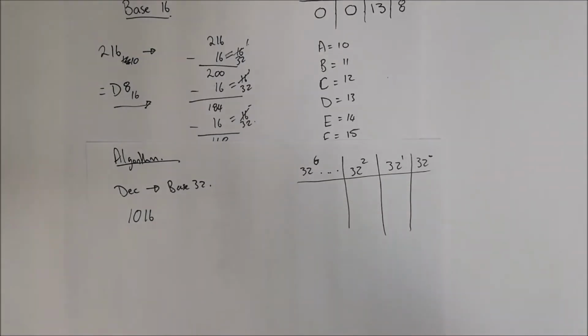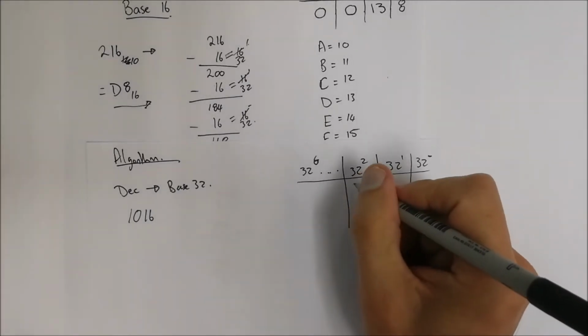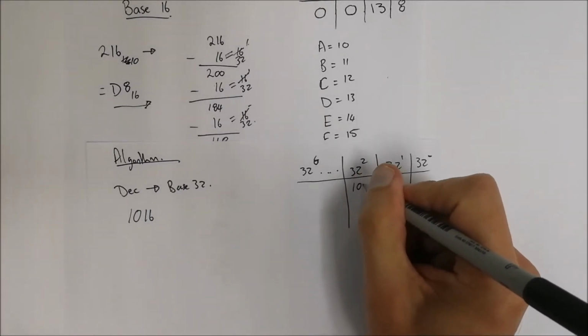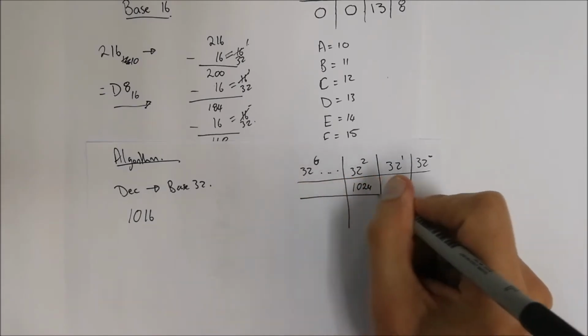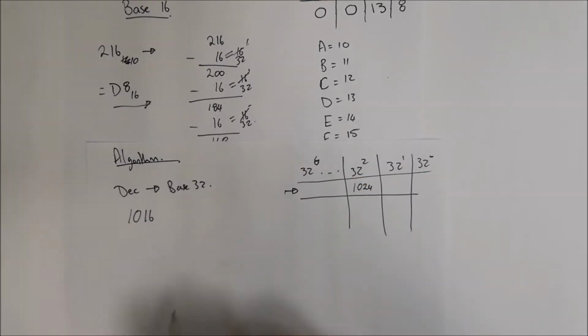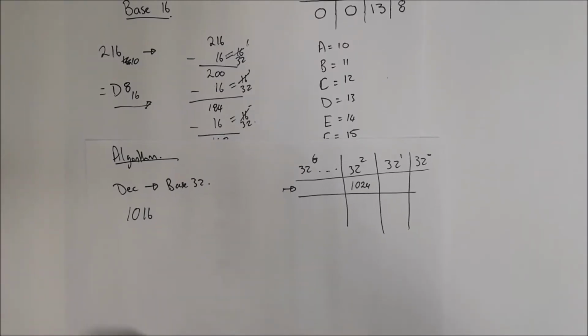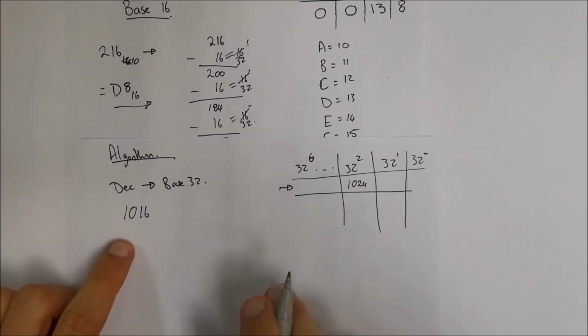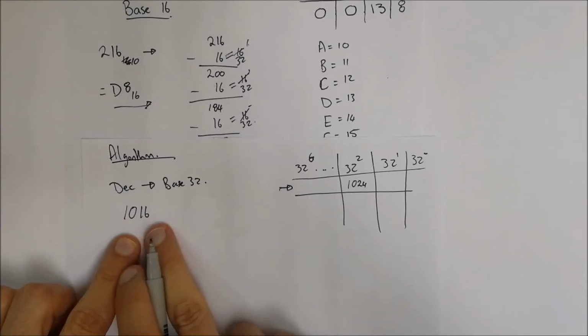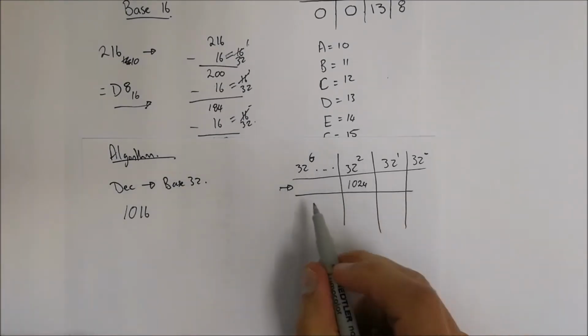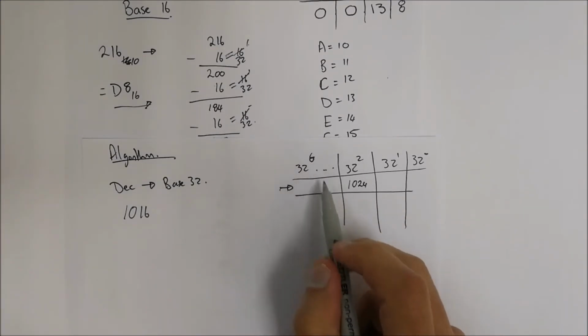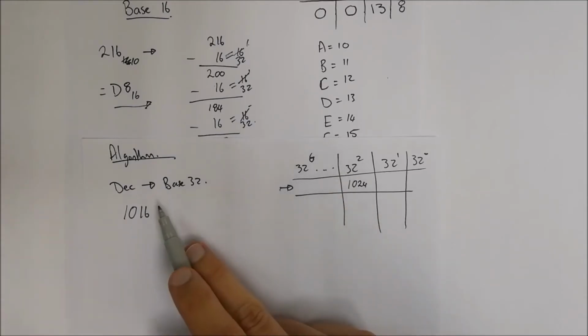As a matter of fact, to give you an idea, 32 squared is equal to 1024. I'm just writing this line over here to give you an indication of the value of those numbers. So 1024 already doesn't go into that number. We can go through all these columns and check whether that number goes into that number.